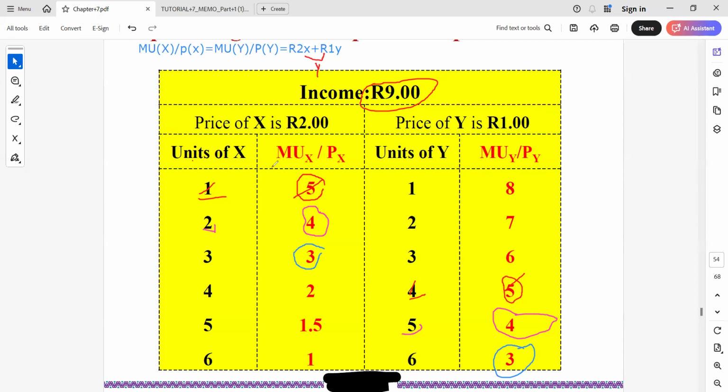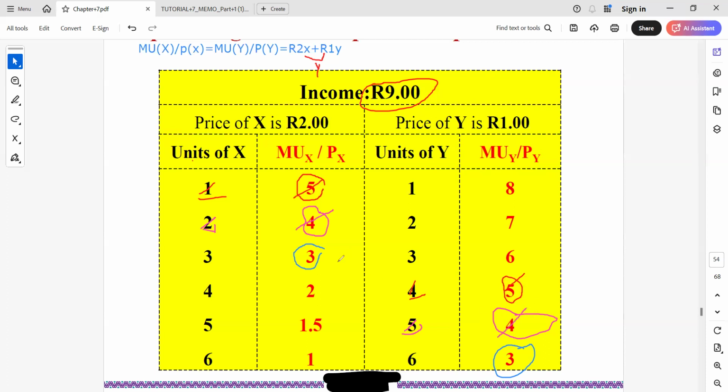We say 2 times 2, the price of good X is 2, you get 4. Then 5 times 1, the price for good Y, which is 5. So 4 plus 5, you get 7. You didn't use all your income. So this combination is also out. As much as the first condition is satisfied, the second is not, so you cancel.